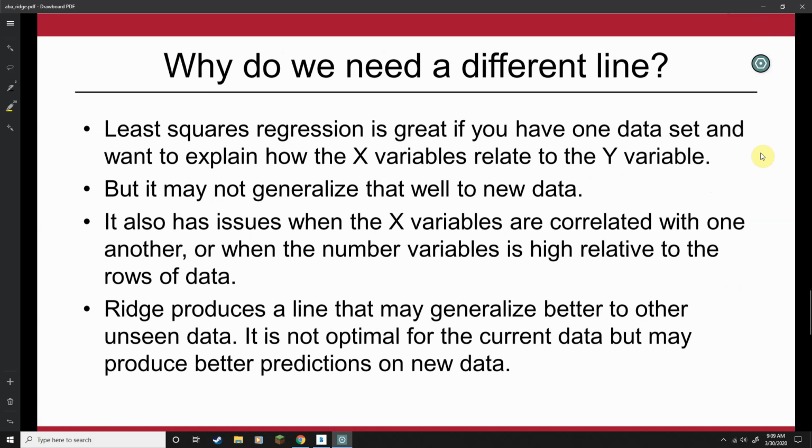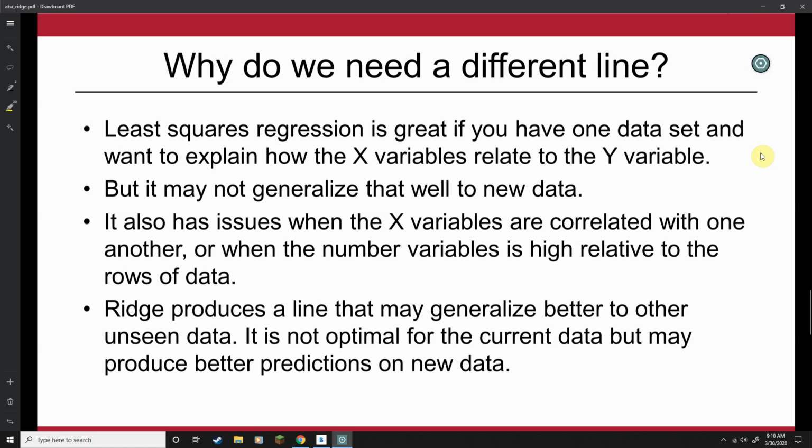And why do you need a different line, right? Well, we've got least squares. Why do we need a different line? There are two reasons we do modeling. We're either trying to explain a phenomenon as is in front of us. We collected data, we're in sociology, or in a wet lab, or doing some science. It could be social science, but we're trying to explain a phenomenon.